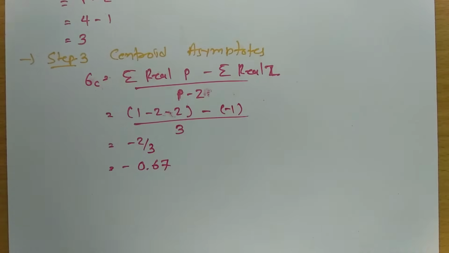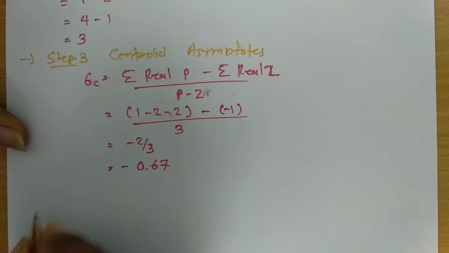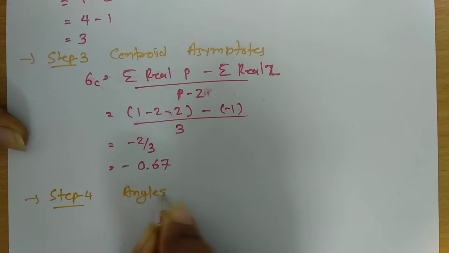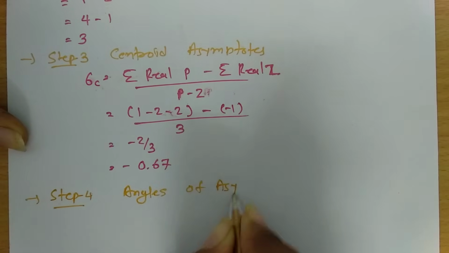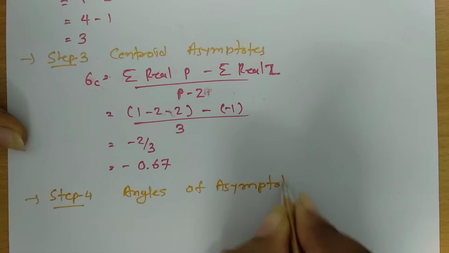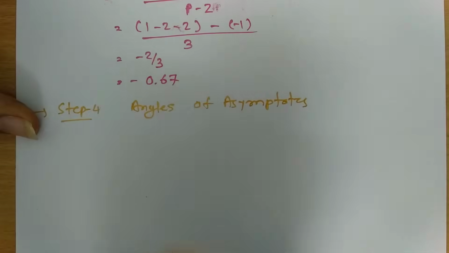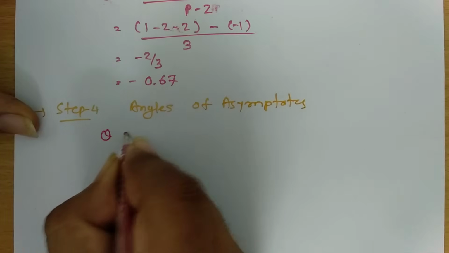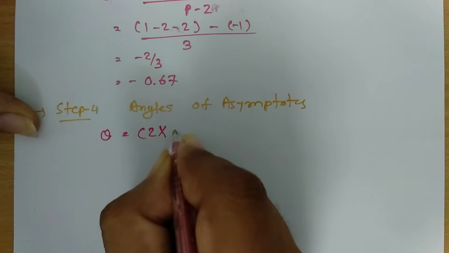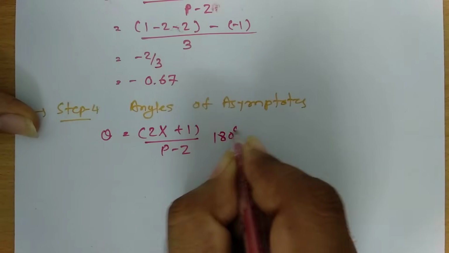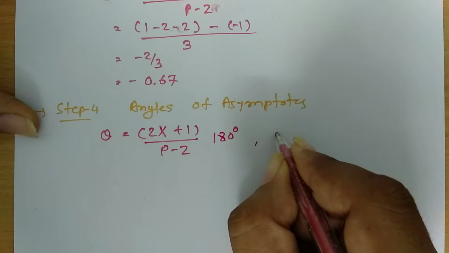And the fourth step is the angle of asymptotes. For angles of asymptotes, we need a basic formula: theta equals (2x plus 1) divided by (poles minus zeros) into 180, where 3 asymptotes are there.